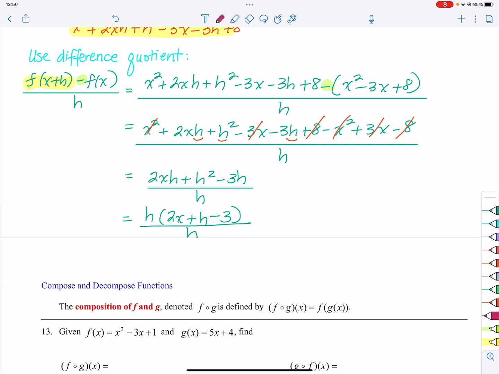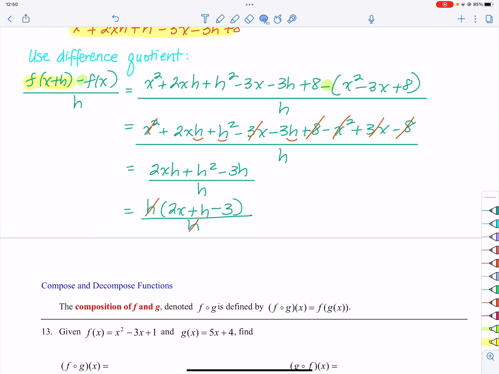And then these h's cancel, and we finally get 2x plus h minus 3.